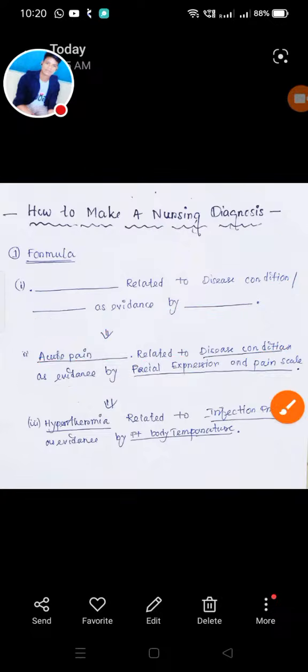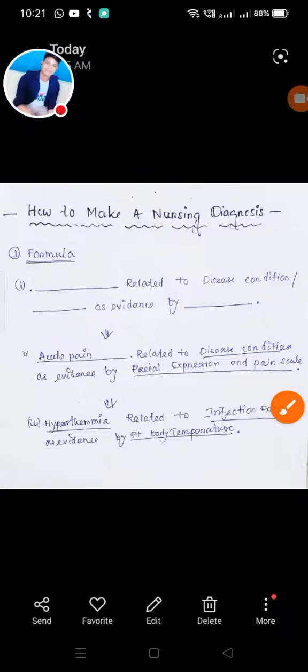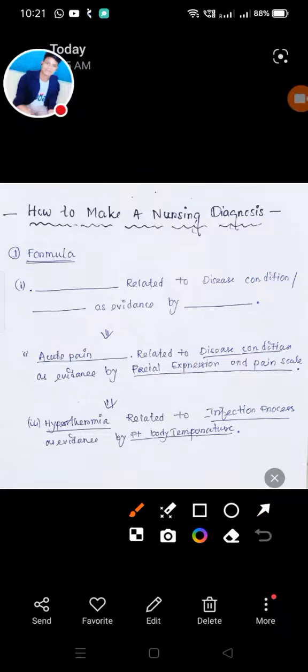So there are two options here, and the remaining two dashes are compulsory. For some conditions you can use only the disease condition, or if there is anything more specific you can use that dash. Otherwise the disease condition is enough for the easiest way.